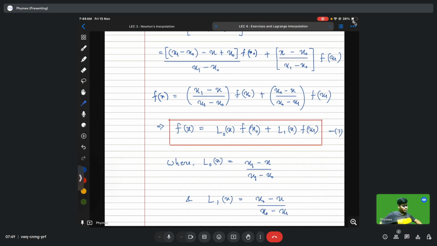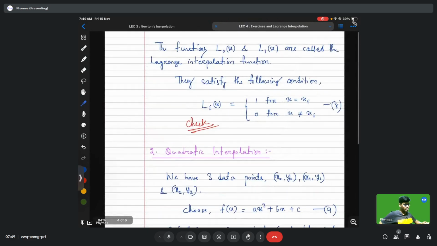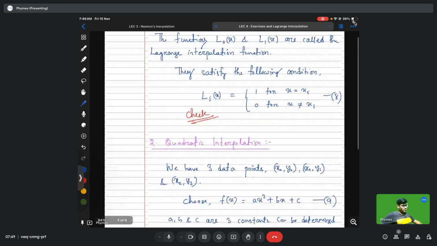So as you can see, these Lagrange polynomials have a property that the value of these polynomials is 1 when x equal to xi, and it is 0 when x is not equal to xi.